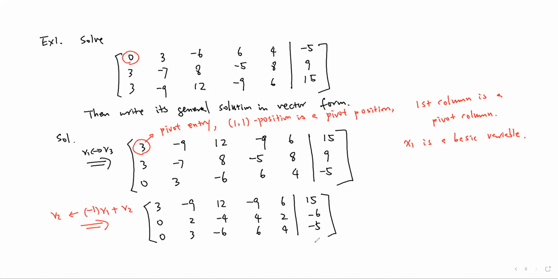Now continue the forward elimination. This time, I use this number to eliminate the number 3. This number is a pivot number, or pivot entry, and the 2-2 location is a pivot position.